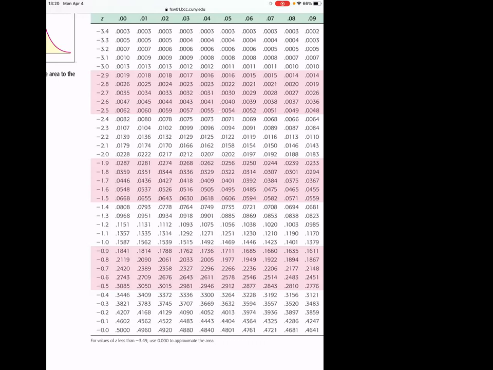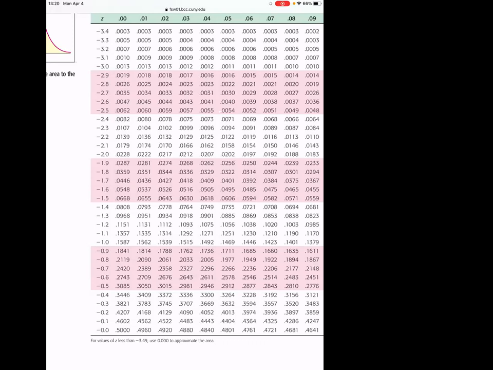Let me just say, guys, there are two pages in this table. The first page has negative values of Z. Here your Z starts from negative 3.4, negative 3.3, negative 3.2, all the way down to negative 0.0.